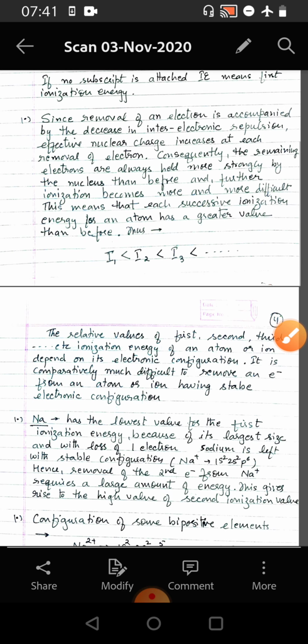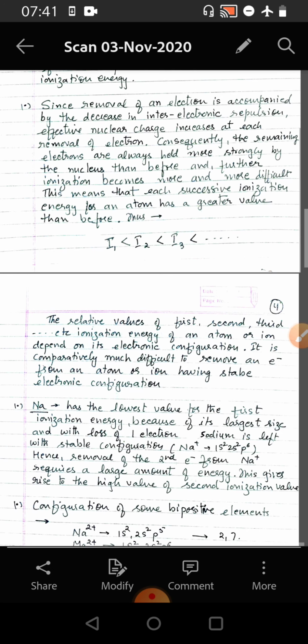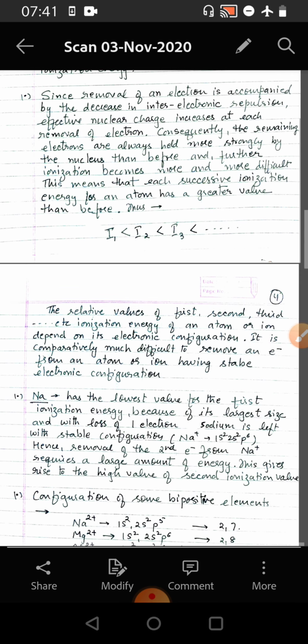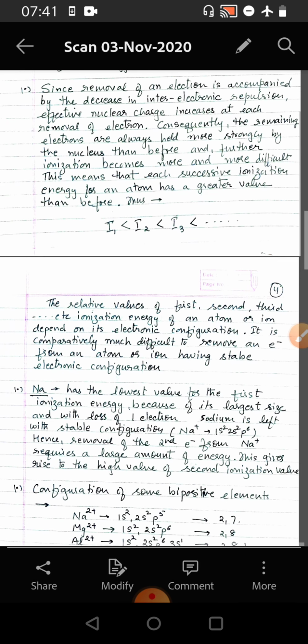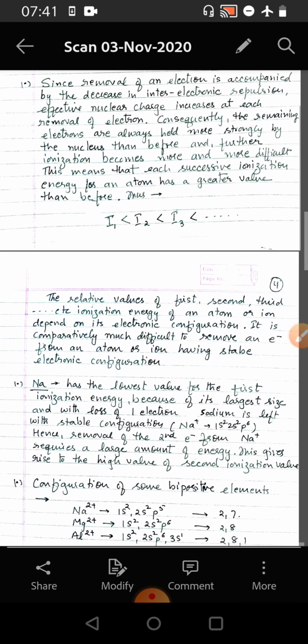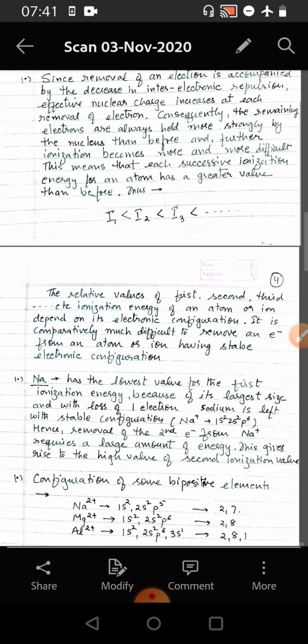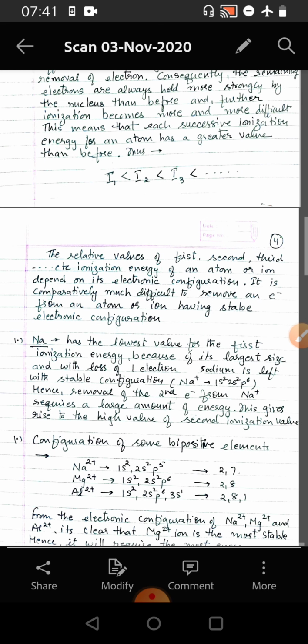Since removal of an electron is accompanied by a decrease in inter-electronic repulsion, effective nuclear charge increases at each removal of an electron. Consequently, the remaining electrons are always held more strongly by the nucleus than before, and further ionization becomes more and more difficult. This means that each successive ionization energy for an atom has a greater value than before.